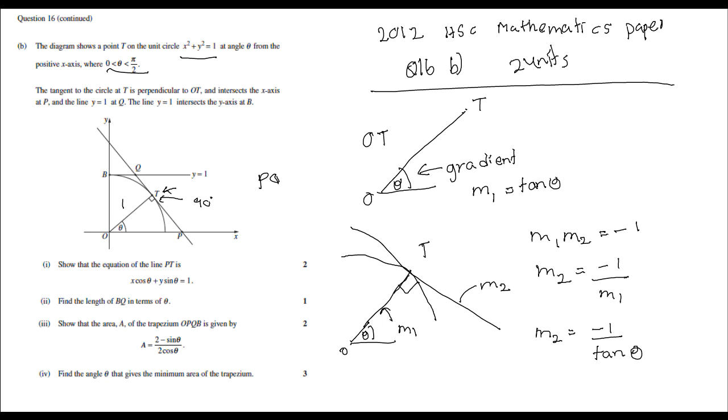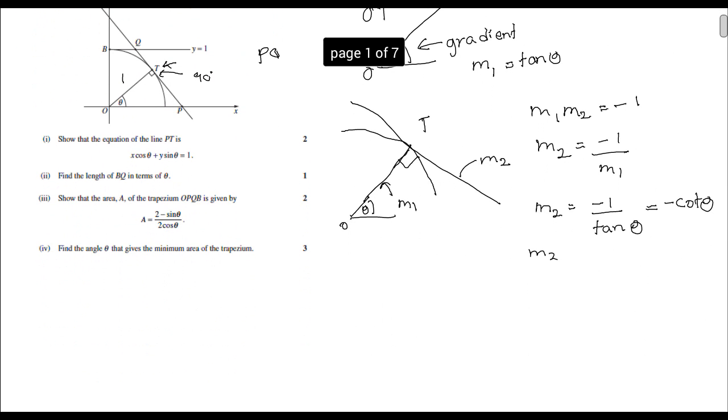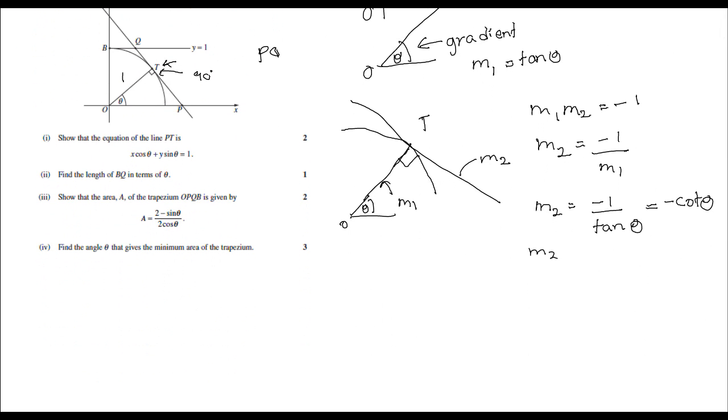You can keep it as minus cot theta if you are comfortable with it, or you can expand it as minus 1 times sine theta over cos theta, which you can readjust to get minus cos theta over sine theta.